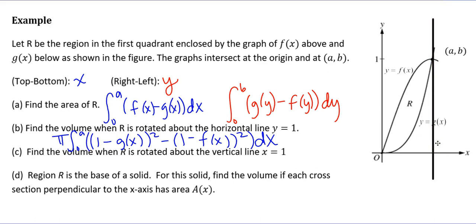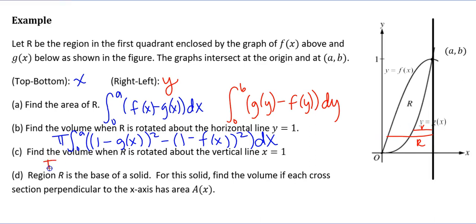All right, so as we are rotating here, we are going to go right minus left, so always start at your axis of revolution and go to your farther function, that's capital R, back to your axis of revolution, go to your closer function, that's little r.